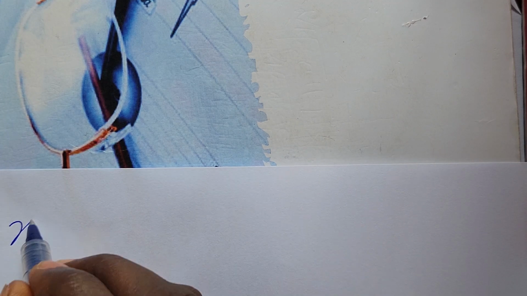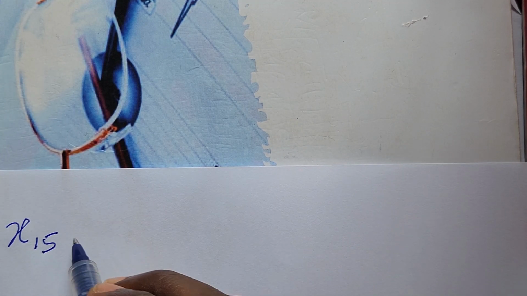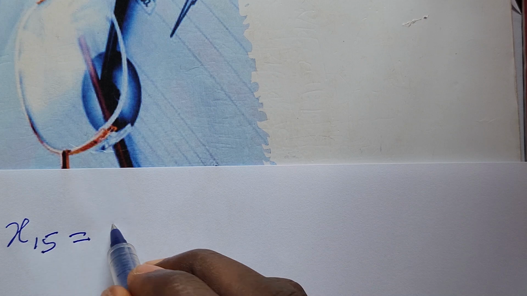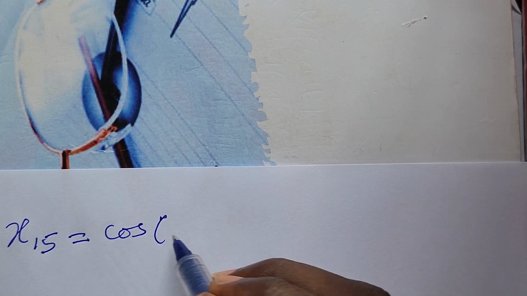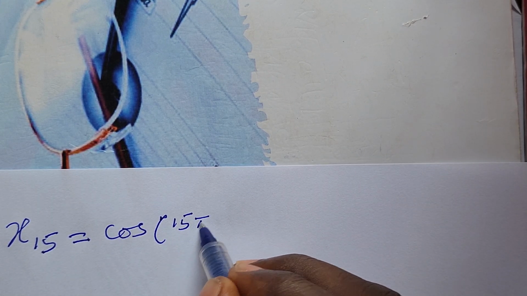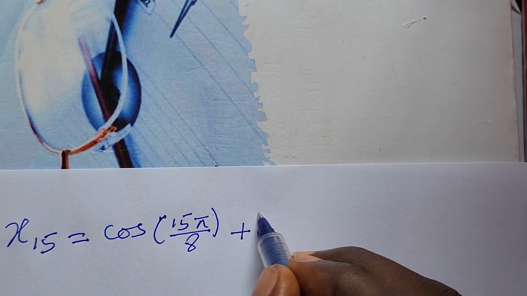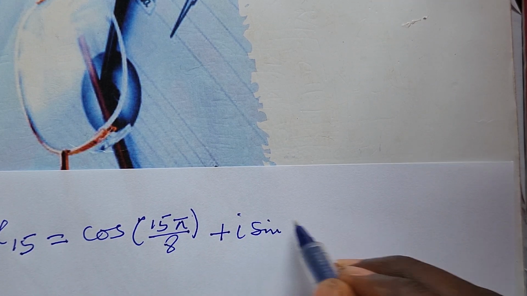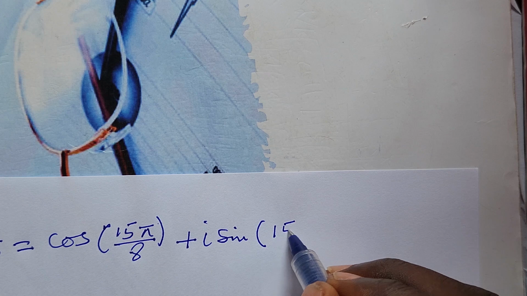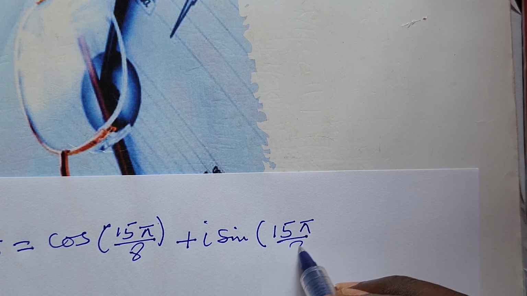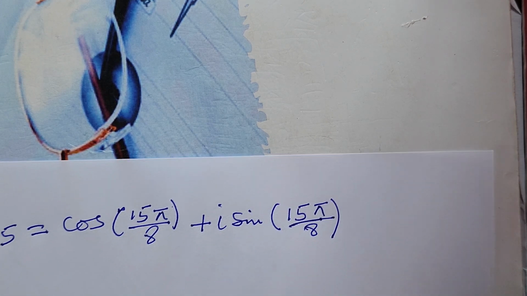So here comes the last but not the least, which is our x15. This is equal to cos(15π)/8 plus i sin(15π)/8.